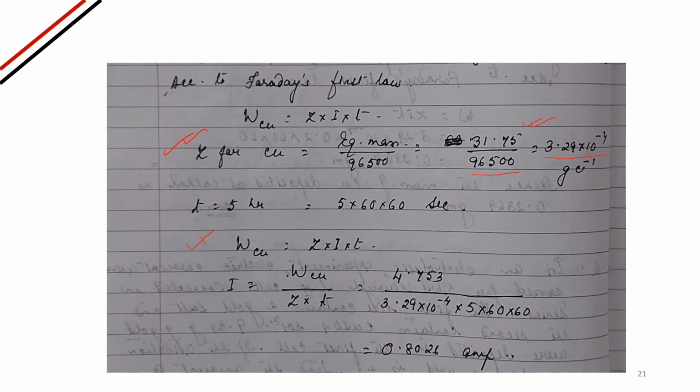Put everything in the formula W_Cu is equal to Z into I into T. Here W_Cu we know, Z we have got, time we know, only the unknown factor is I. Substituting all the values, we get I equal to 0.8026 ampere. Am I clear, children?